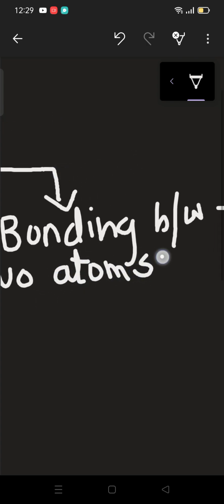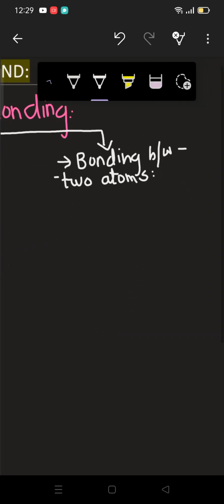For example, we have a covalent bond, right? For example, H2O. What's the structure of H2O? The total electrons are 2 from hydrogen and the valence electrons of oxygen are 6. So 6 and 2 are basically 8 electrons.